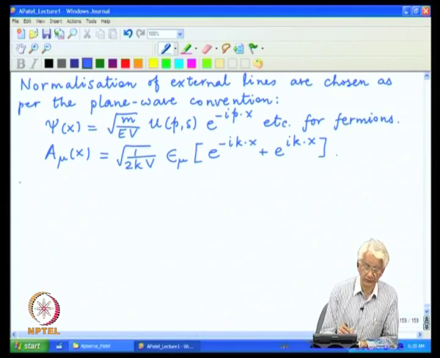I would like to make a few comments about the nature of this expansion.